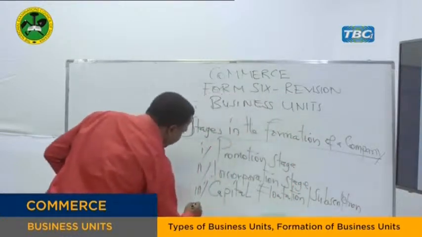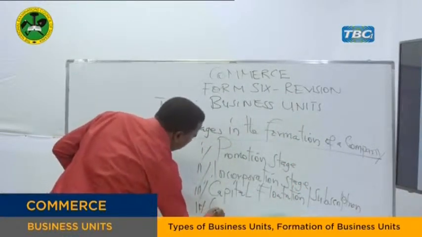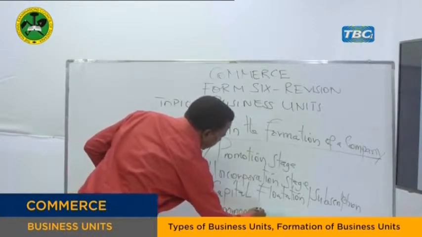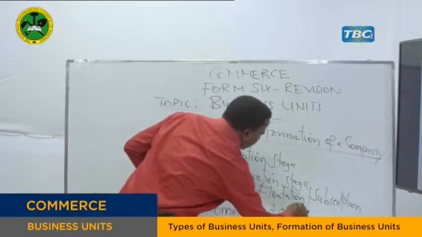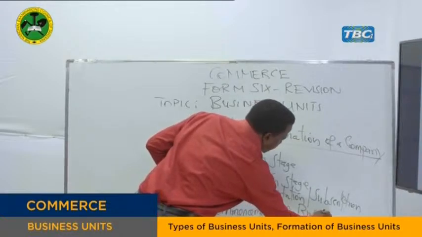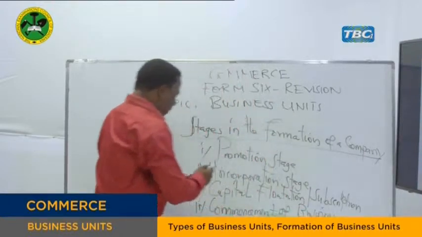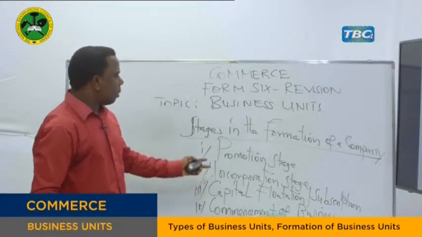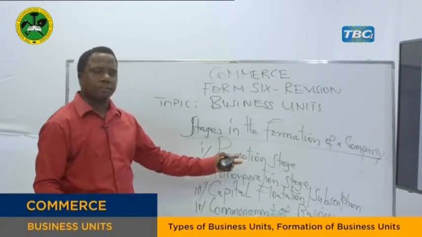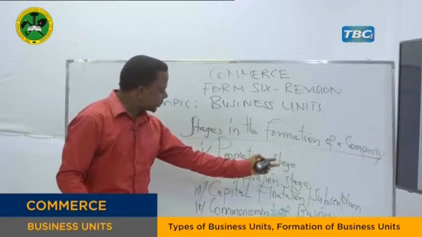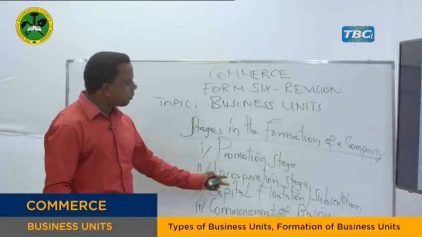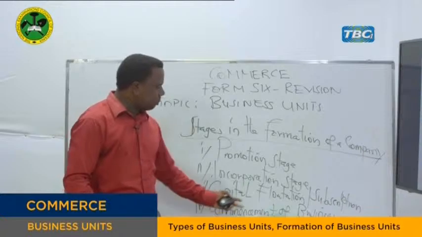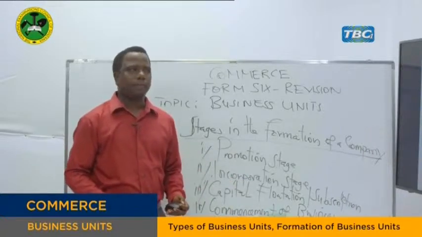And the last stage is commencement of business. Now these are the main stages in the formation of a company. Number one, promotion stage. Number two, incorporation stage. Number three, capital flotation or subscription. And the last stage is commencement of business.